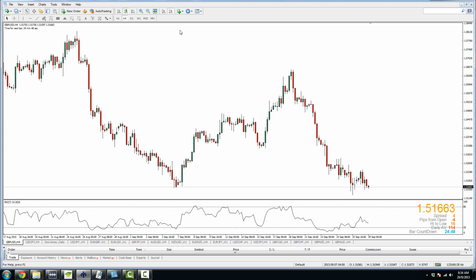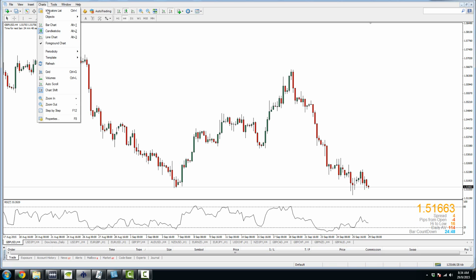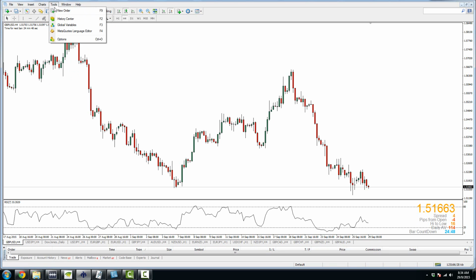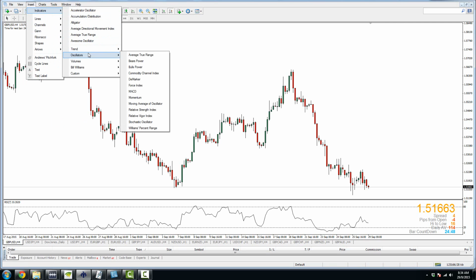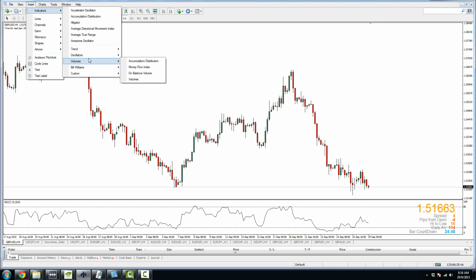Next question, if I want to insert some indicators, for example, I follow the MACD indicator, how do I find it? Just go to insert indicators. You have tons of indicators here.